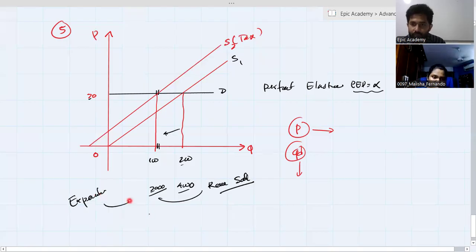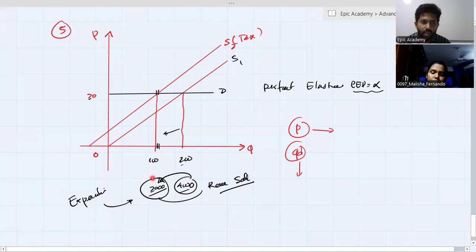It also reduced. There's no difference between the expenditure and the income of the sellers. Similar values. Already it was 4,000, but it changed to 2,000. So 100% benefit goes to the consumer.